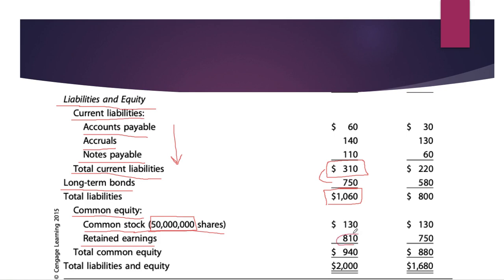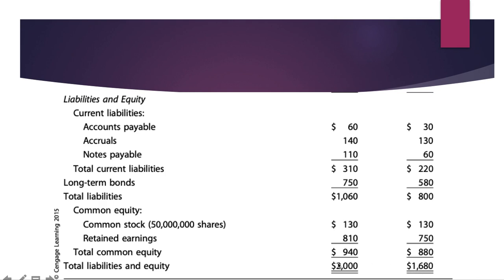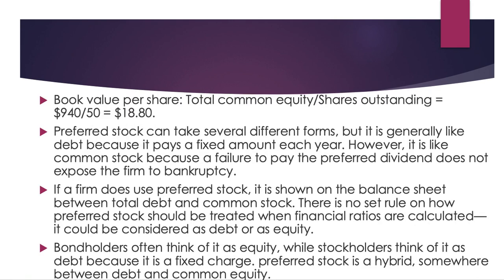These two items are added together to obtain the total common equity here. And once the total liabilities and this total equity is added together, that gives us the total liabilities and equity item. If you pay attention, this is again same as the total assets here for 2014 and 13. Both of them are the same. So we have this accounting identity here.